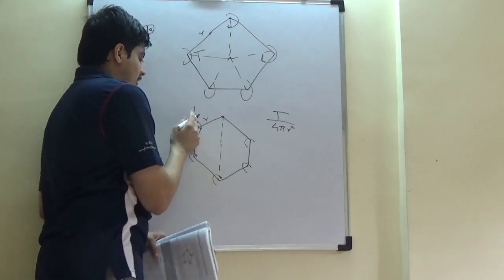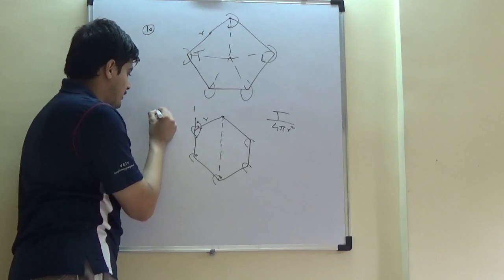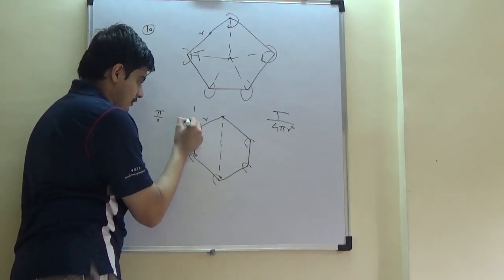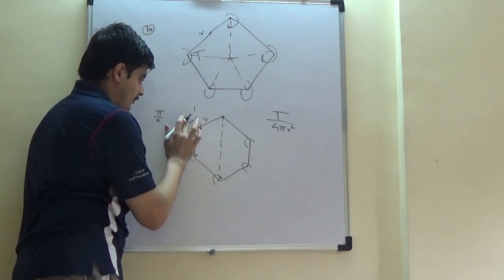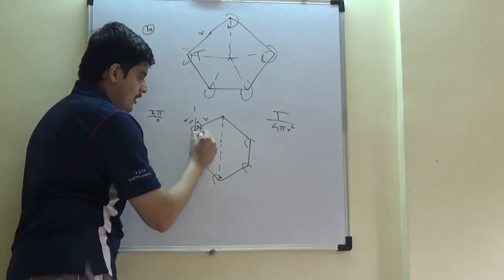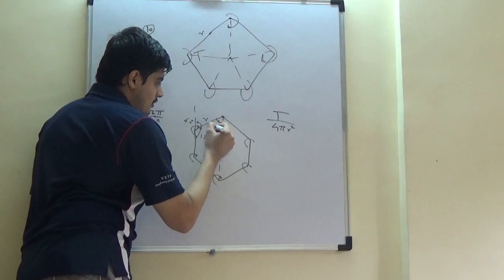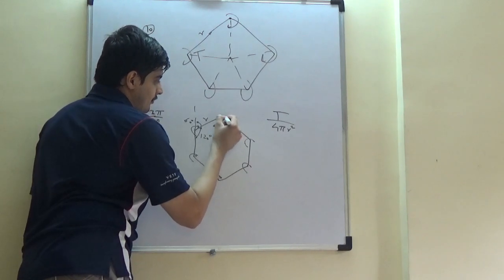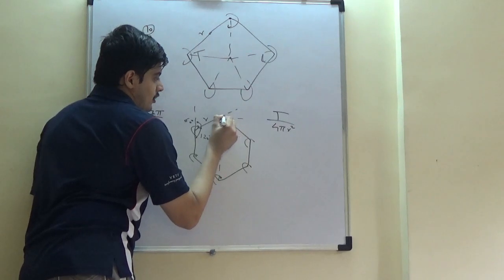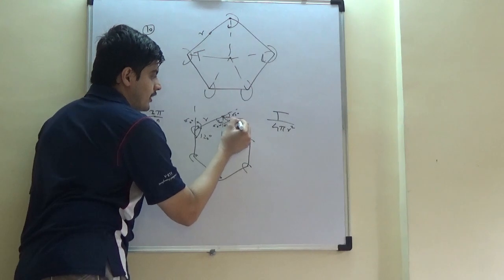We know from the polygon theorem that the interior angle it makes is pi by n. So this is 2 pi by n, so 60 degree, and this angle becomes 120 degree. So this becomes 60 degree, right? So this becomes 60 degree again, because this is 30 degree.